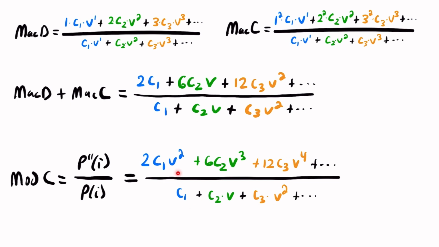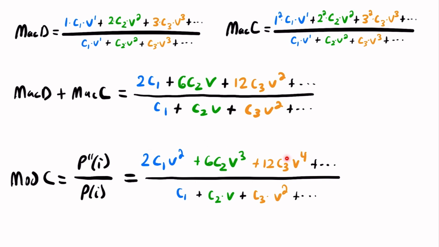Now if we compare the numerators, here's where things get pretty interesting. Notice that the Macaulay duration plus the Macaulay convexity has a numerator of 2c sub 1 plus 6c sub 2 times v plus 12 times c sub 3 times v squared, and so on. And if you look at the numerator of the modified convexity, we have 2c sub 1 times v squared plus 6c sub 2 v cubed plus 12c sub 3 times v to the power of 4.